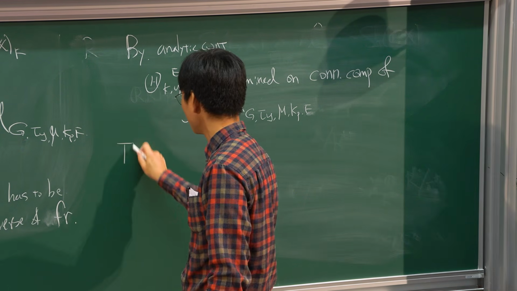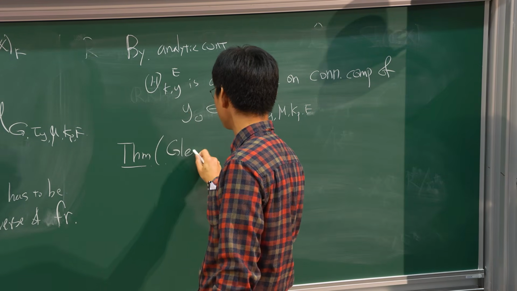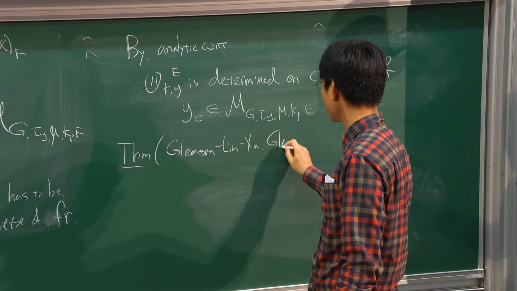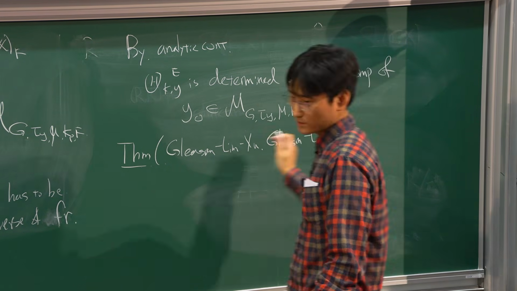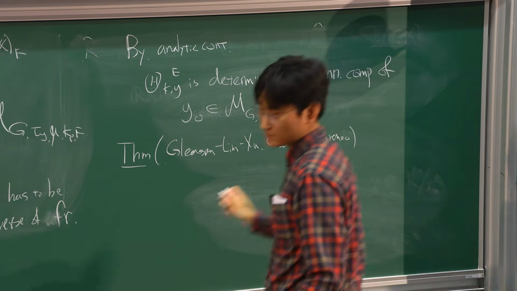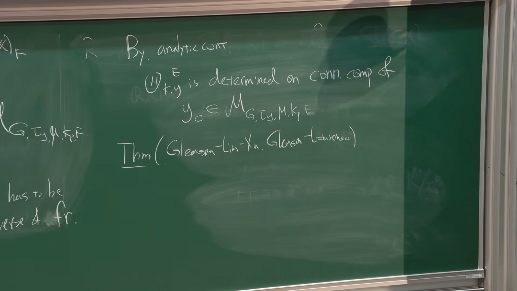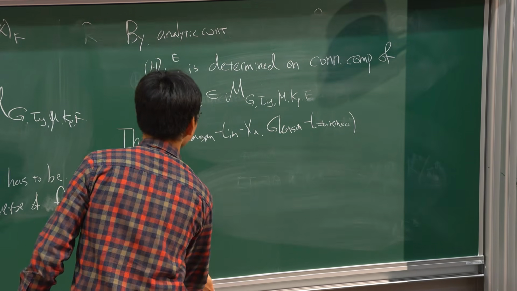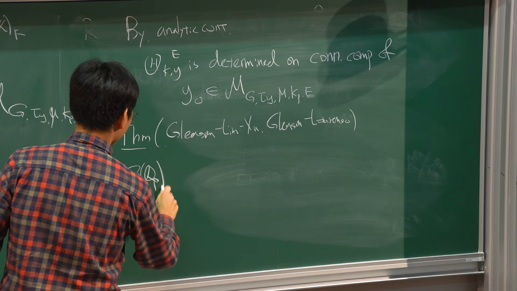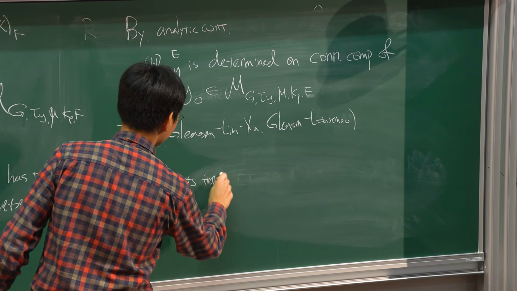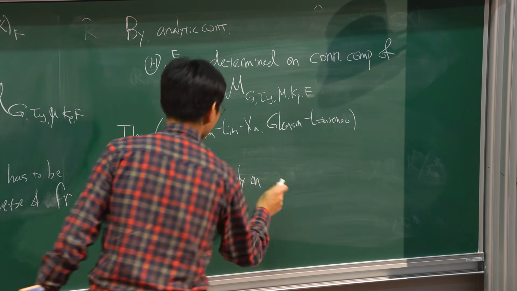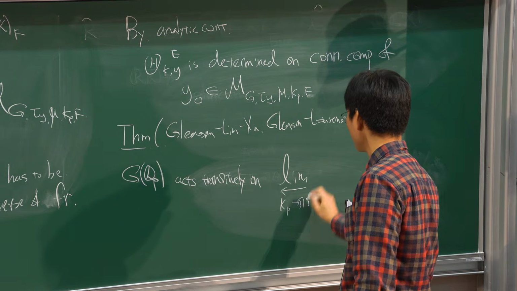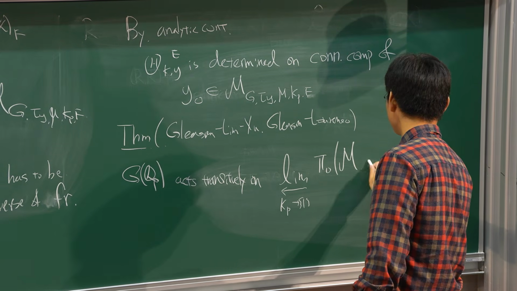So another theorem, which was observed in Gleason, Lim, Xu, and which is based on a result of Gleason, it was Lorenzo, sorry, which says that G(Q_p) acts transitively on the limit as K_p goes to 1 of pi_0 of the local Shimura variety.